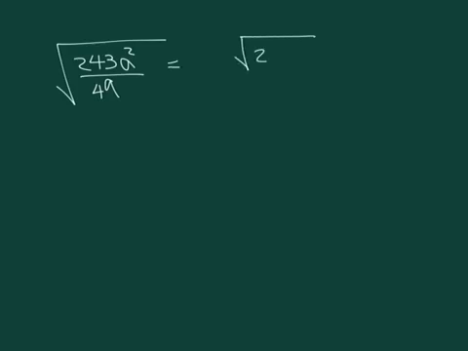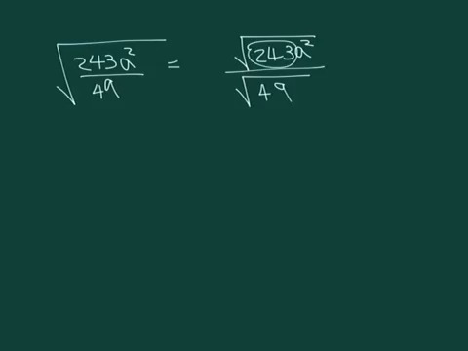So let us look at number 52. We have 243 a squared over 49, and that is all under a radical sign. And then again, we're going to simplify it. So what do I know about 243?